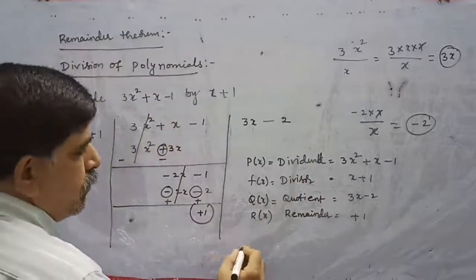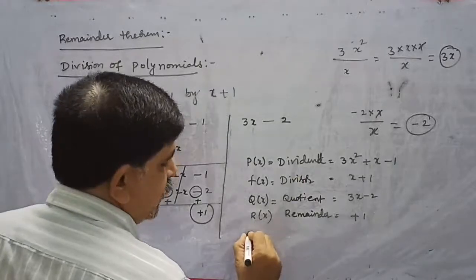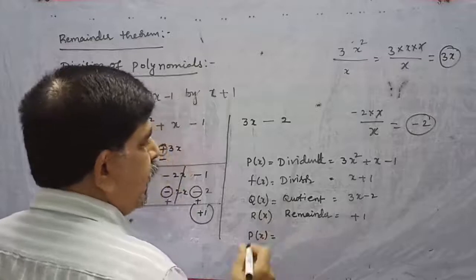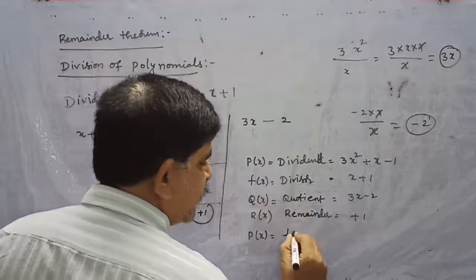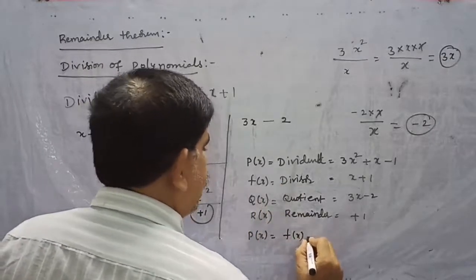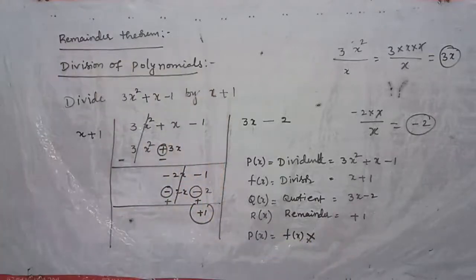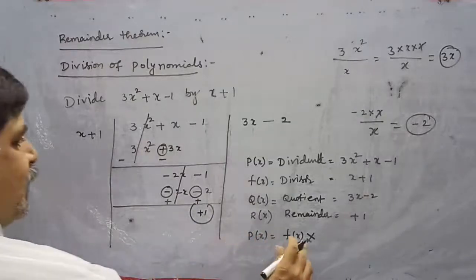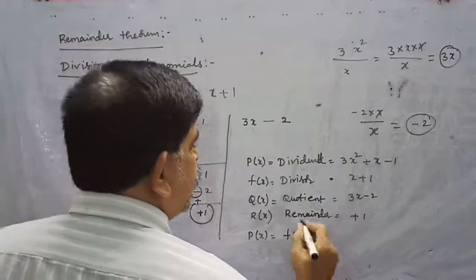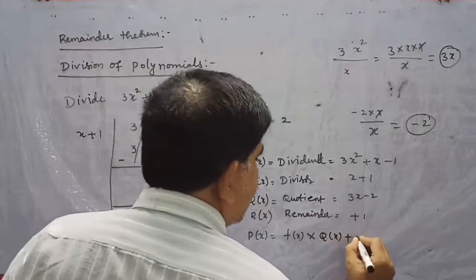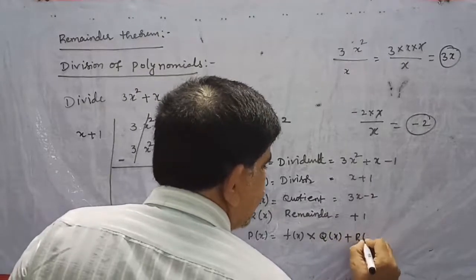P of x is equal to divisor f of x into quotient q of x plus remainder r of x.